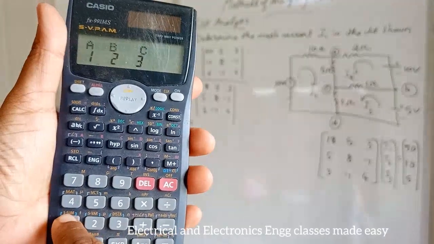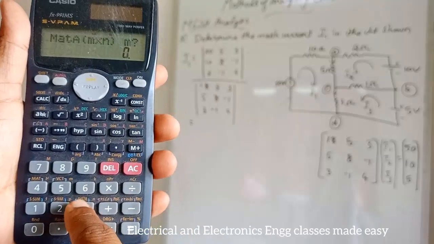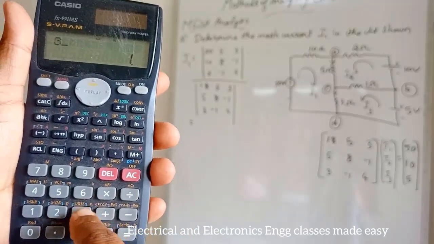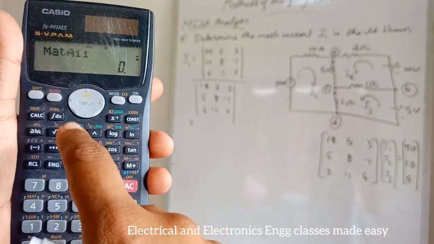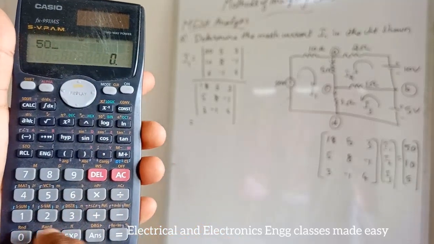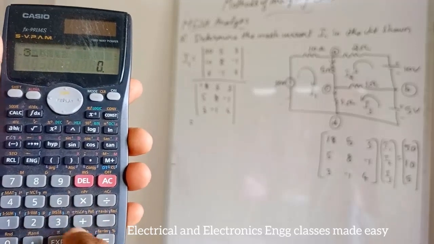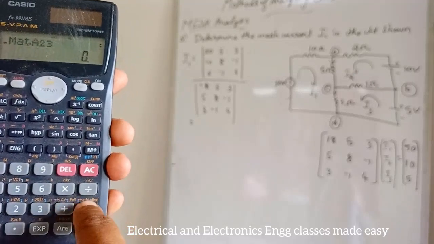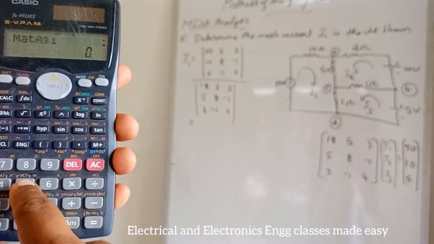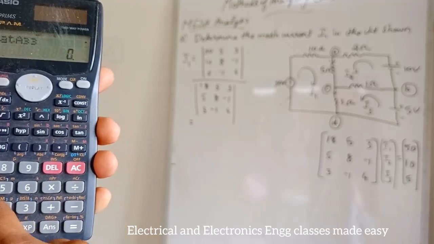Let the matrix be A. The order of the matrix here is 3 by 3. Then enter the elements. The first element here is 50, then 5, then 3, 10, 8, minus 1, then 5, minus 1, then 4.